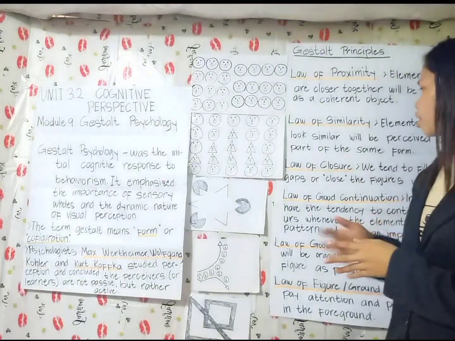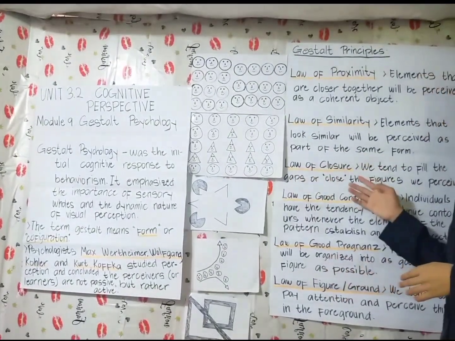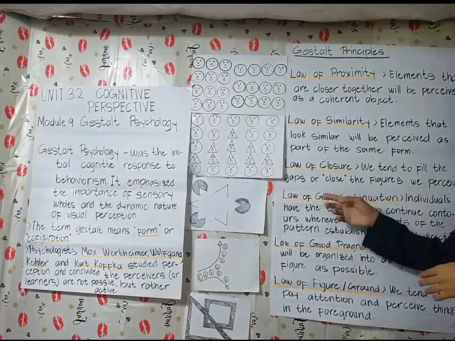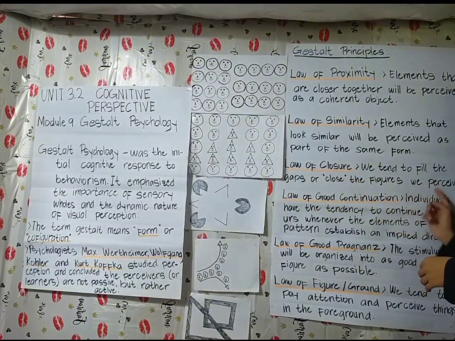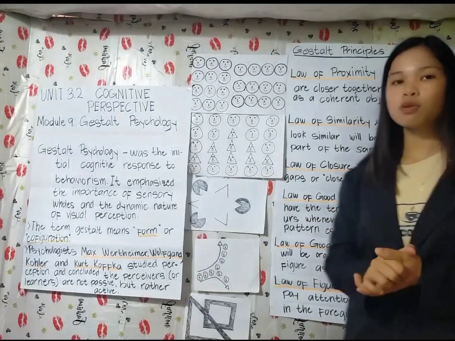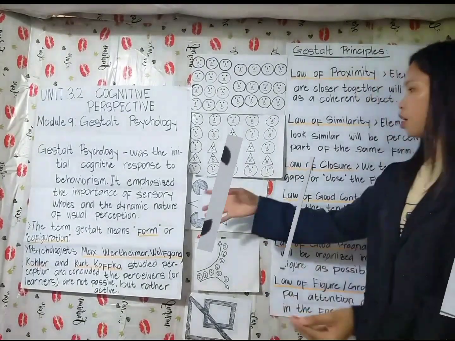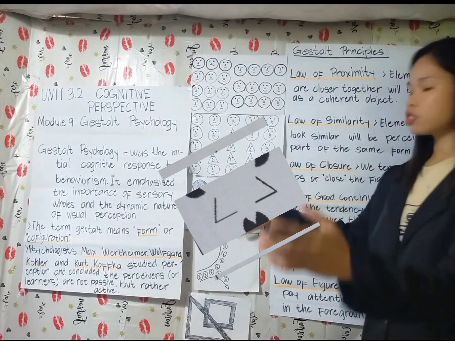So let's proceed to the law of closure. We tend to fill the gaps or close the figures we perceive. As you see here, we don't actually see the gaps.